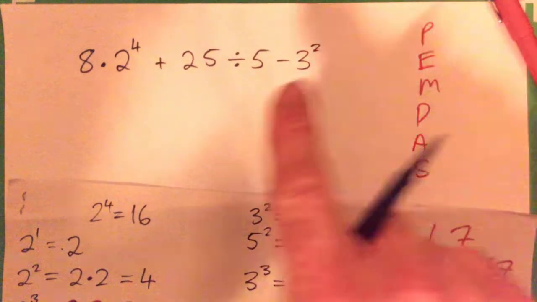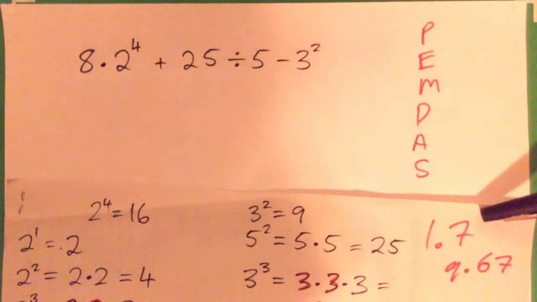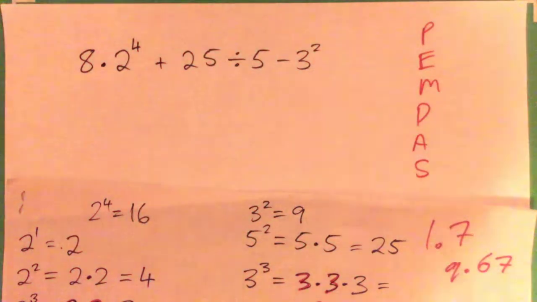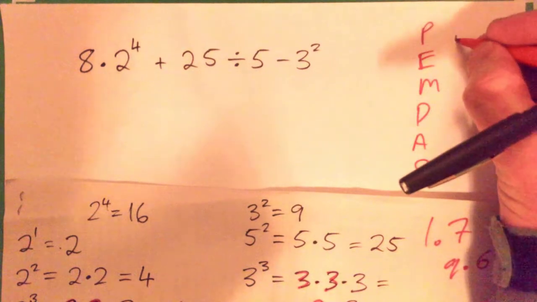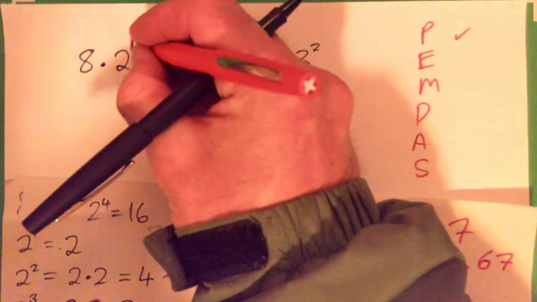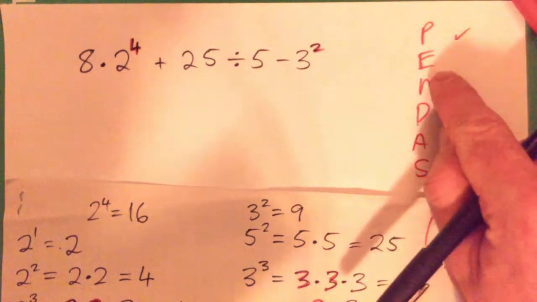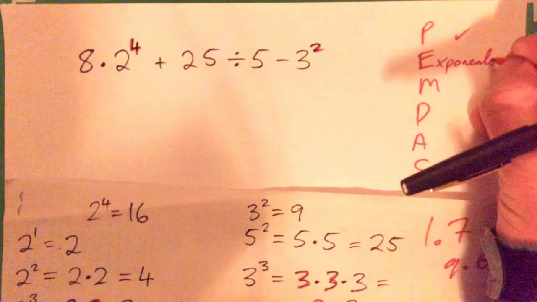So are there any parentheses? So no parentheses. Are there any exponents? Yeah, so there's an exponent here and an exponent here, right? So we do the exponents next, right?